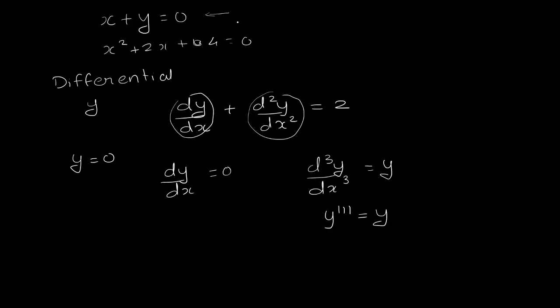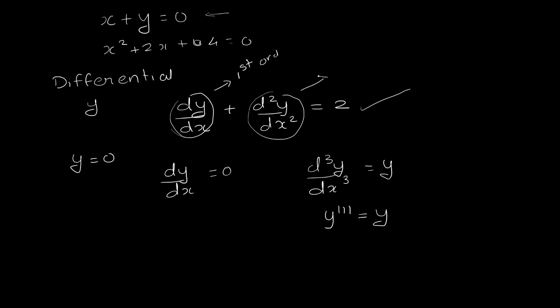Now once we know what a differential equation is, there comes into the picture something called the order and degree of a differential equation. Okay, now let's consider this differential equation. If you see this first derivative, it is the first order derivative.